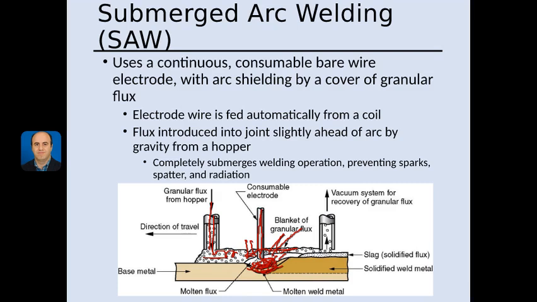Once the metal is cooled, this granular flux is going to be vacuumed, then it can be reused depending on the application. And we have a slag. The slag needs to be removed from the solidified bulk metal.